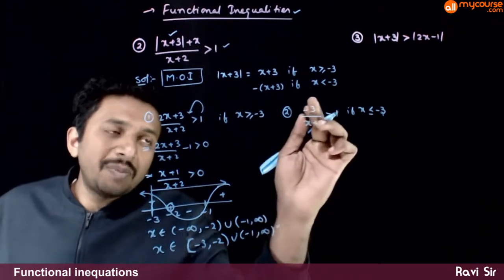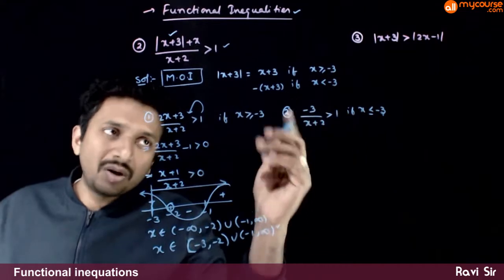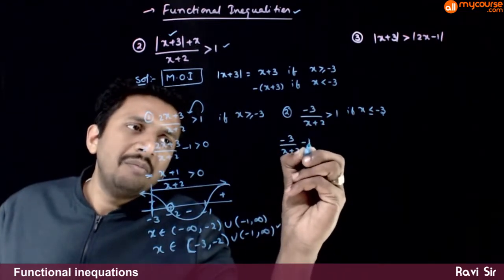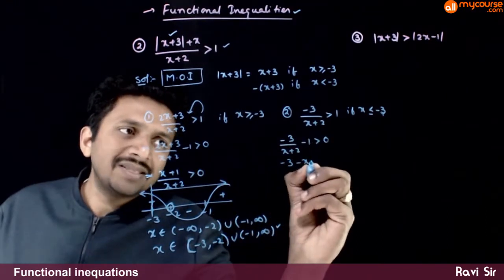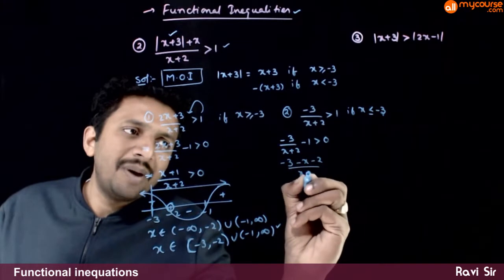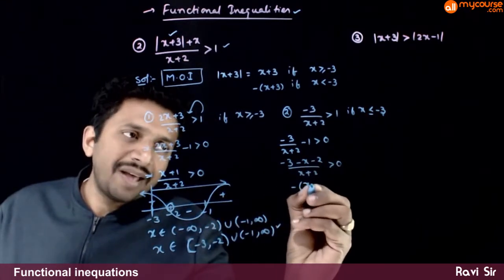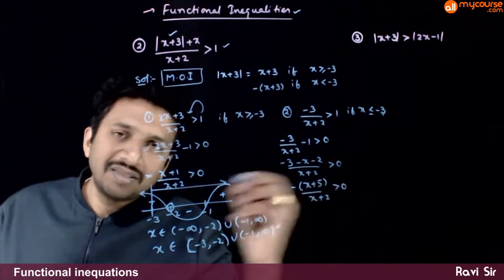The second interval is minus 3 by x plus 2 is greater than 1. Here also you bring this one onto this side. So minus 3 by x plus 2 minus 1 is greater than 0. Minus 3 minus x minus 2 by x plus 2 is greater than 0. Minus of x plus 5 by x plus 2 is greater than 0.